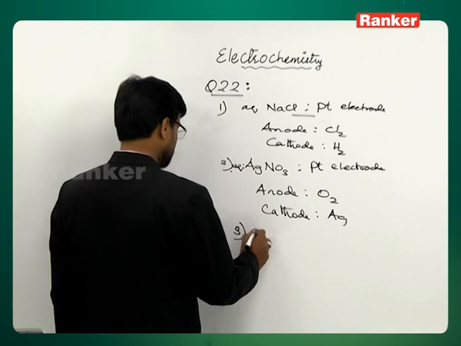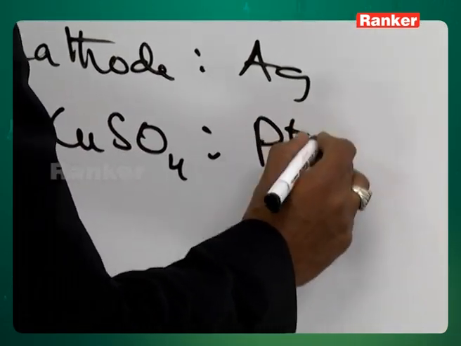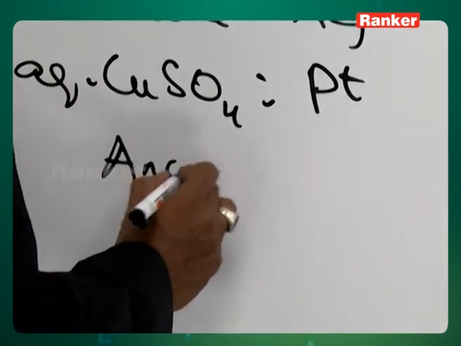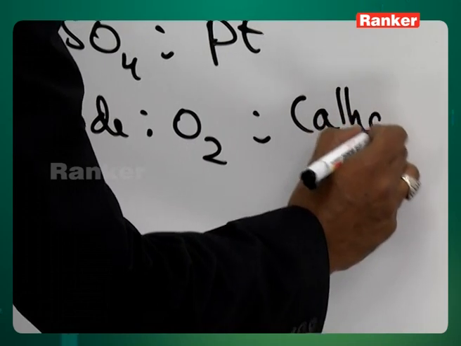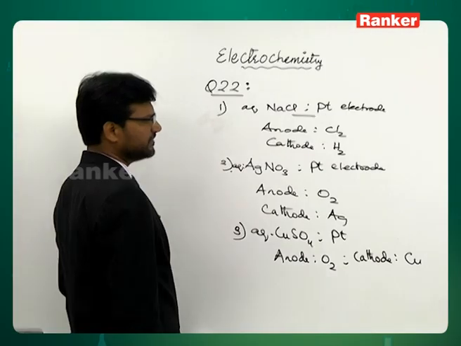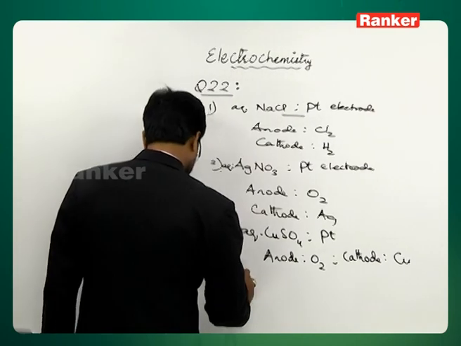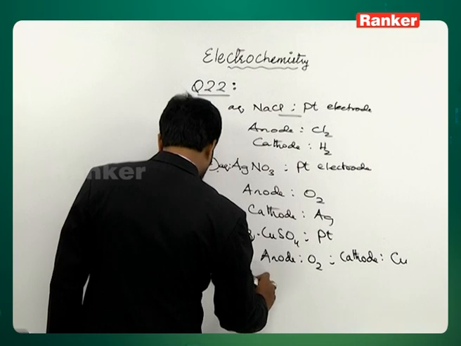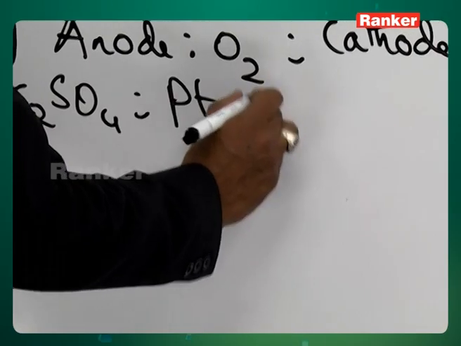Third option, aqueous copper sulfate, platinum electrodes. At anode, this will produce oxygen. At cathode, this will produce copper. So, even this cannot be the answer. Now, the fourth option, K2SO4, platinum electrodes.